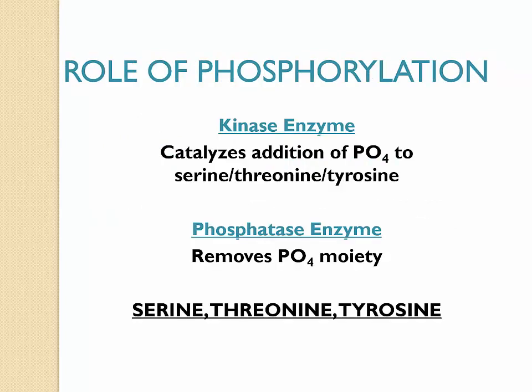Now, kinases, as we will see a lot of these, kinases add phosphates to serine, threonine, or tyrosine, or all of the above residues on their target enzyme. So kinases add phosphates to serine, threonine, or tyrosine. Phosphatases remove phosphates from their target. And remember, our big key are serine, threonine, and tyrosine. So with that, that's it.